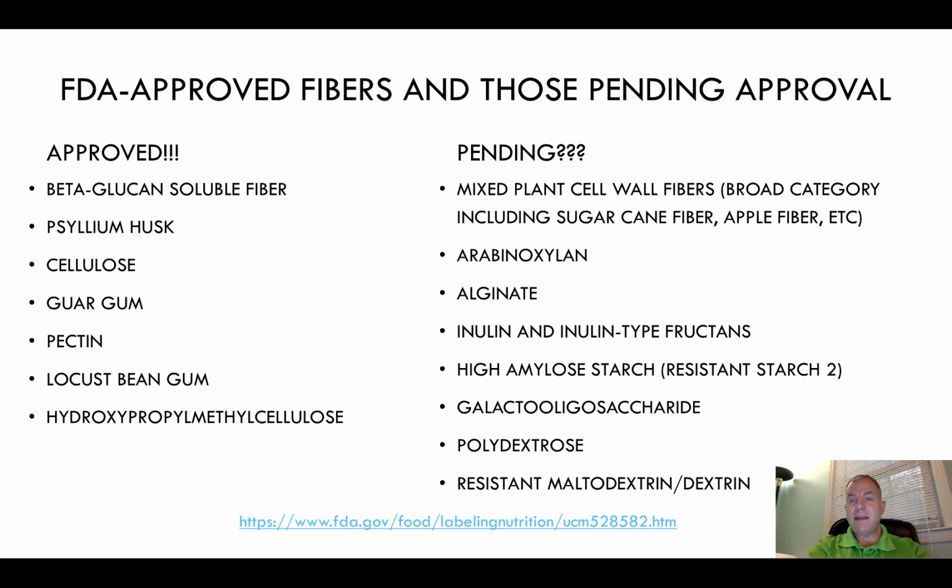Now, the ones that are pending are mixed fibers rather than single types of fiber, but mixed fibers from fruit or vegetable sources. And then you can see a number of others, some of which we will discuss. And actually, one we already did discuss, which was inulin. And of course, there at the bottom you can see polydextrose. So we have talked about a few of those.